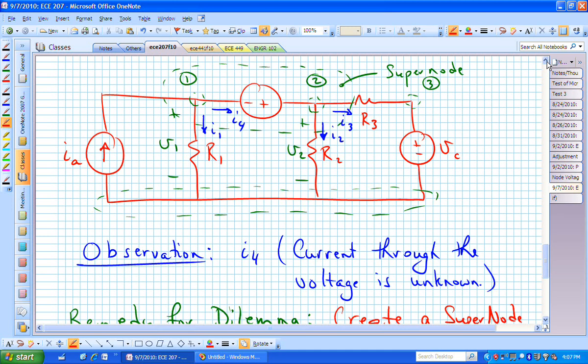If I want the polarities to be correct in terms of obeying the passive sign convention and Ohm's law, then the voltage dropped across R sub 3 positive from left to right is going to be V sub 2 minus V sub C. If it ends up that I sub 3 is actually going to the left, the signs will take care of themselves. But to be consistent with how I've drawn it, I need I sub 3 in my equations to be consistently positive, meaning I sub 3 needs to equal V2 minus V sub C divided by R sub 3. Question?